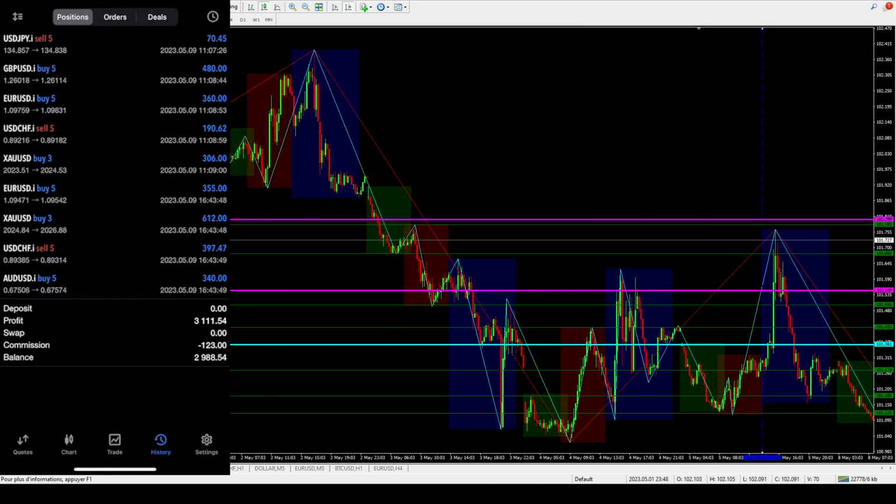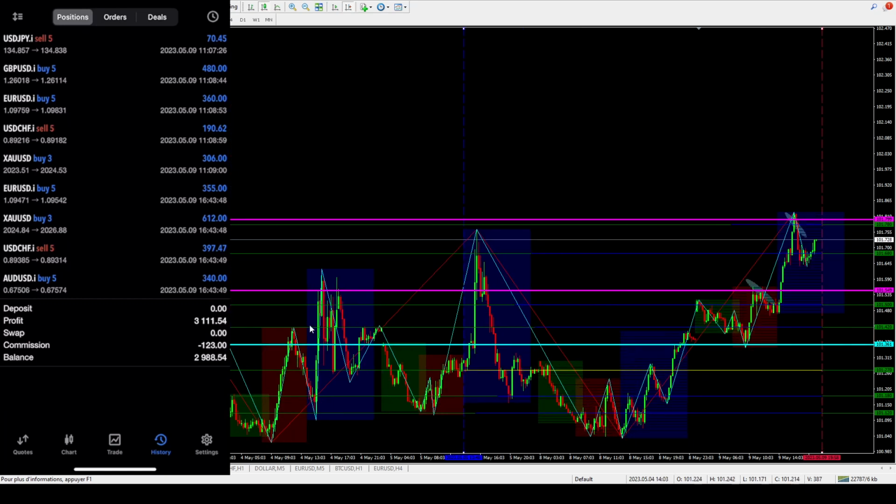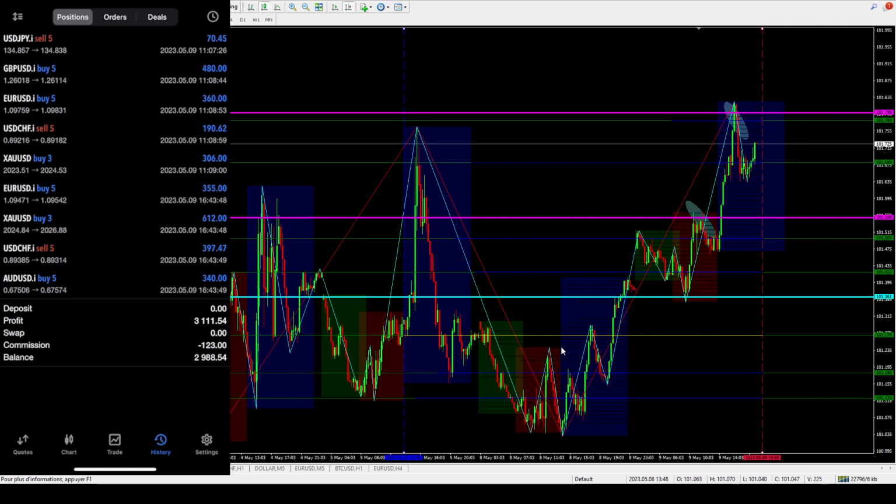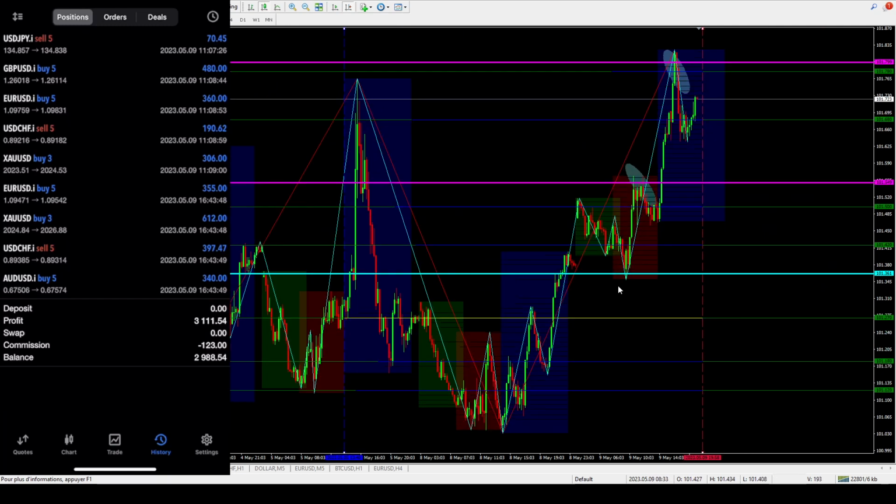So when the market went down, it was an obligation for the market to go around this price to see what would happen. And as you can see, during the UK session, the market went and then jumped on it and went up.